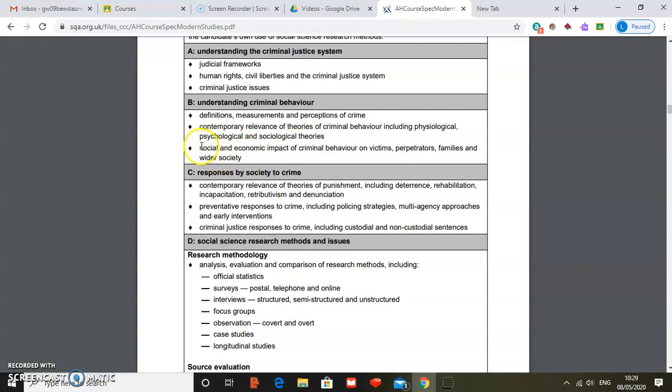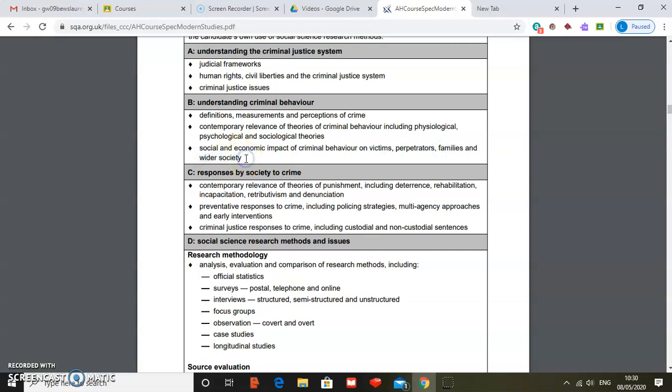The second question, potentially, that you could have in this section is actually the impact of criminal behaviour on victims. So it could be the victims themselves, so that could be like physical, psychological, financial. Same with the perpetrators, or the person that's committed the crime. Now, families is a strange one, because families could in theory be the families of the victims, or families of the perpetrators, or it could be families who are in the wider society.